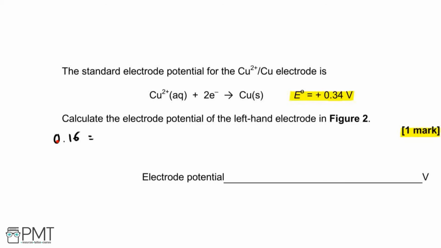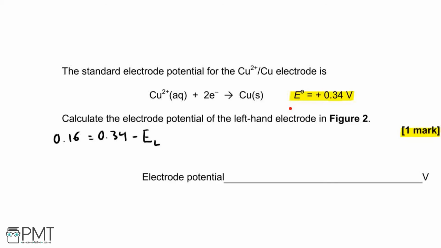The potential of the right-hand electrode is going to be equal to our standard electrode potential, as it is a standard copper 2+ copper electrode, under room temperature and pressure, with a concentration of 1 mole per decimeter cubed of our copper sulfate solution. This means our right-hand potential is 0.34, and we would subtract from that the potential of our left-hand electrode.